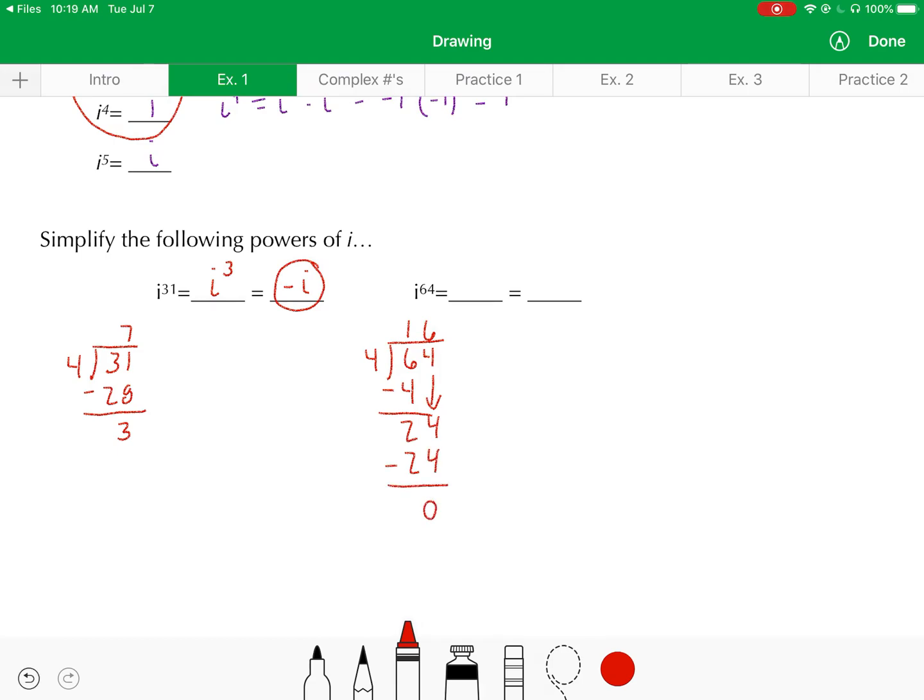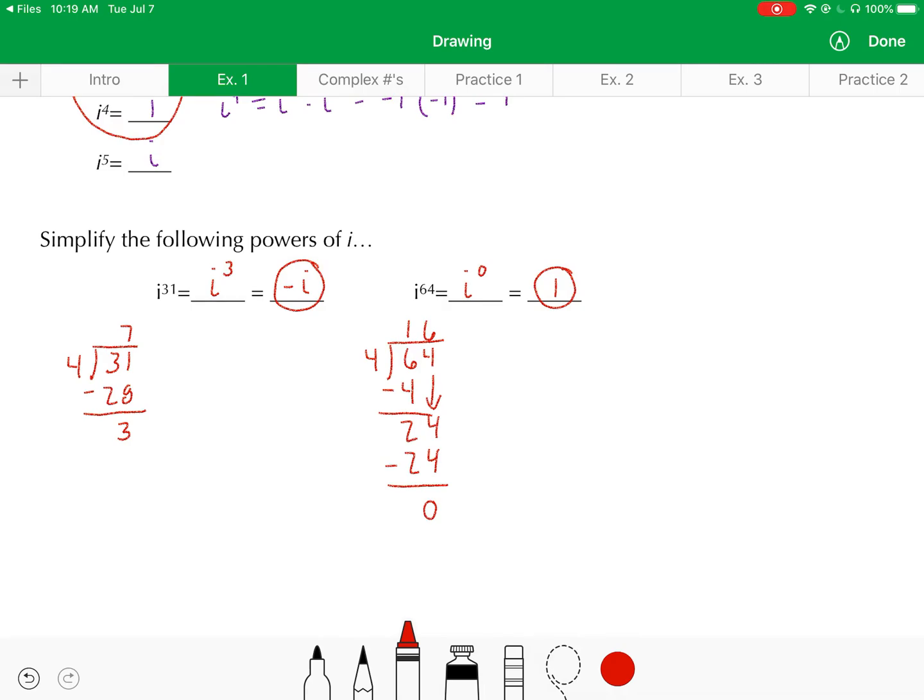So that means i to the 64th can be simplified to i to the 0 power. And just like any other number raised to the 0 power, that's going to equal 1. Really, you have a 50-50 shot on these. If i is raised to an odd power, it's going to simplify to either i or -i, and if i is raised to an even power, it simplifies to 1 or -1.